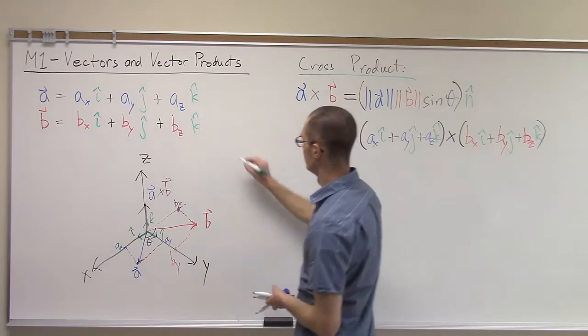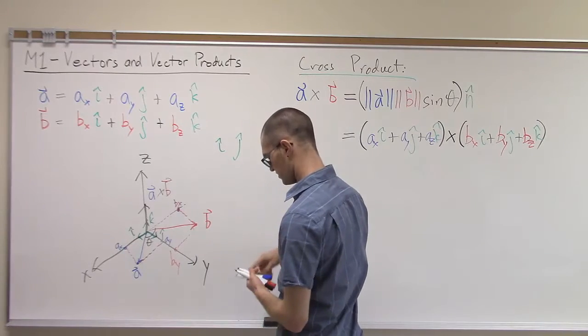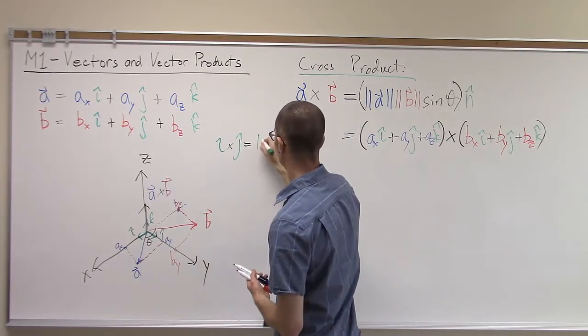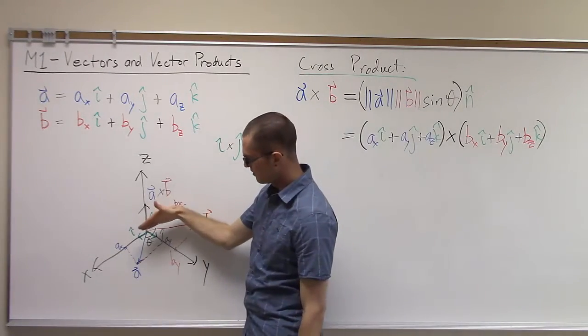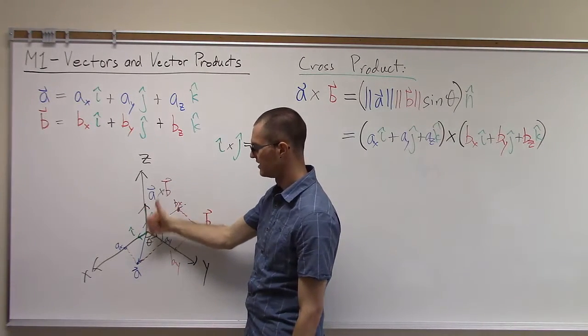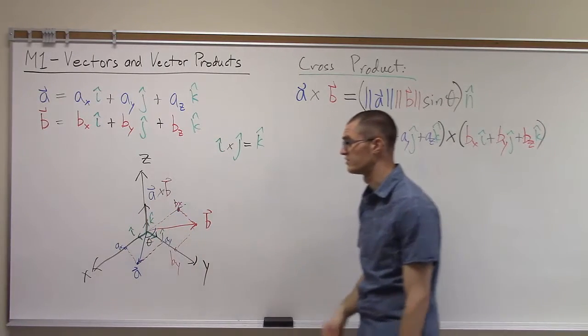So now I know that i cross j is going to be equal to k, actually. So you can work that out. If you take your hand and put your fingers along the direction of i, curl them towards j, you see that that's going to point up in the z direction, which is exactly the direction of k.